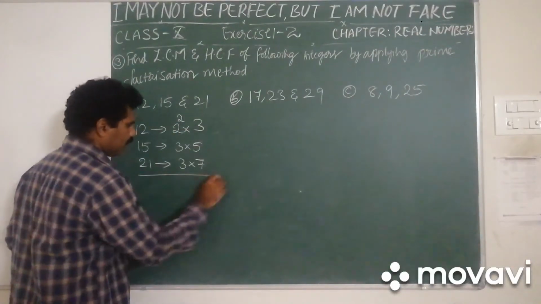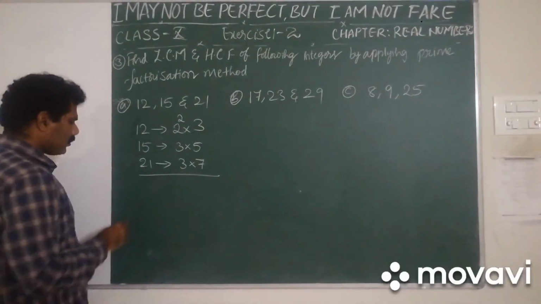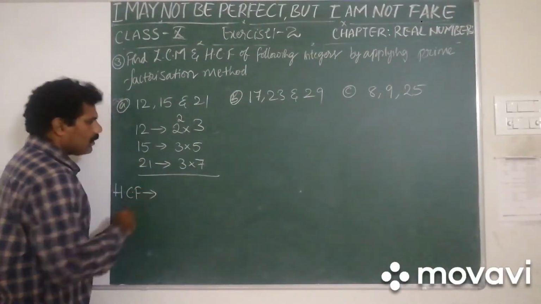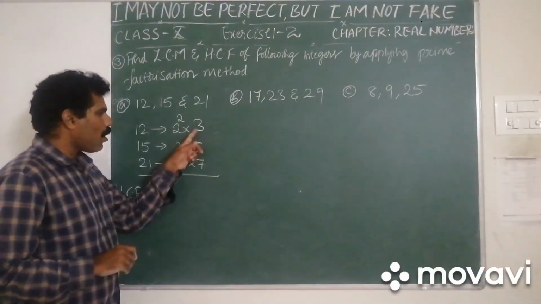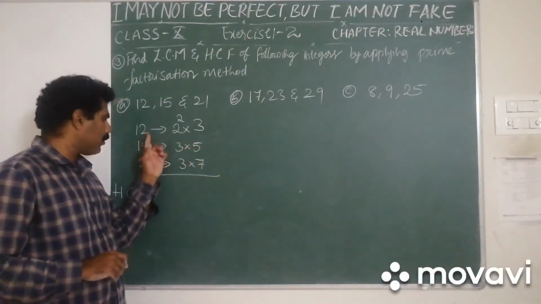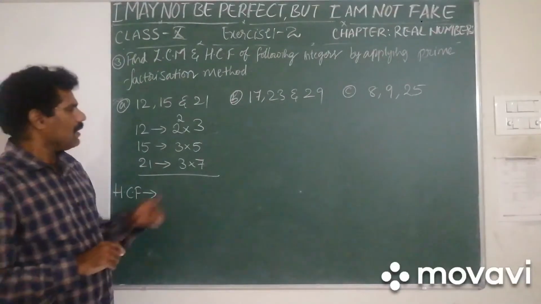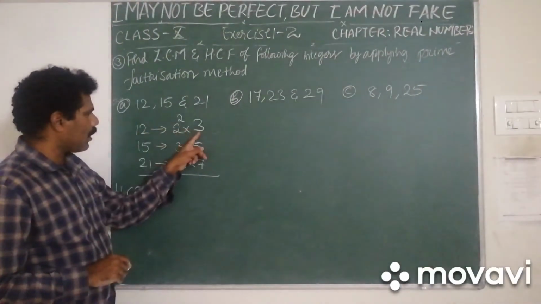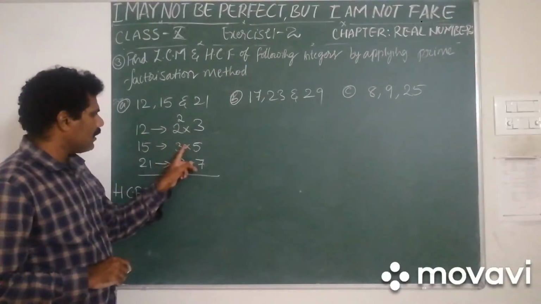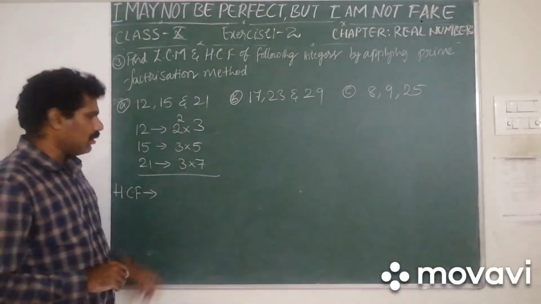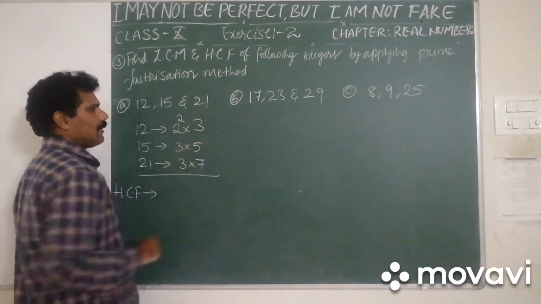Now what to do? We have to find the HCF now. So what is the rule of HCF? We have to take the factor which is common for all three numbers. Here 3 is common for all. 3 is the factor for 12, 3 is the factor for 15, 3 is the factor for 21, and even the powers are the same.